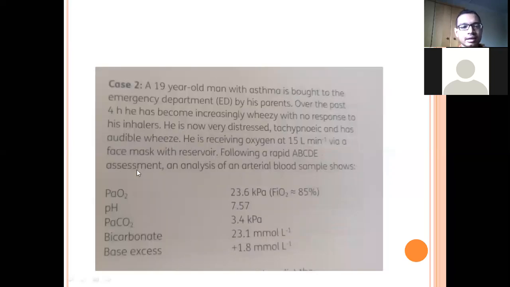Next comes another. Here we can just look at the parameters. Which is the first step? pH. If the pH is 7.57, that means it's an alkalosis. For this alkalosis, we then have to look at the carbon dioxide. The carbon dioxide is 3.4.